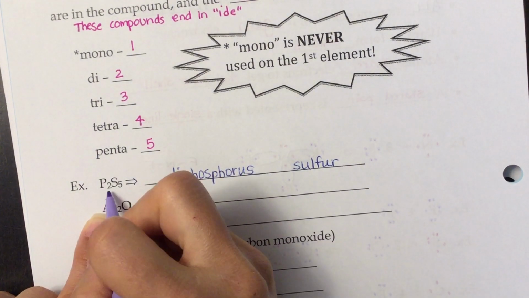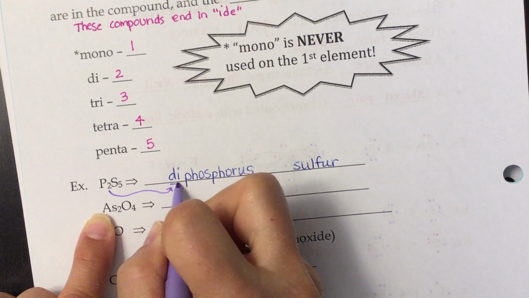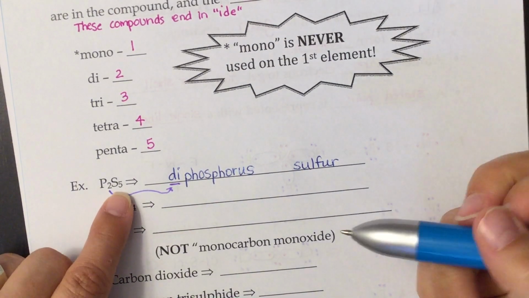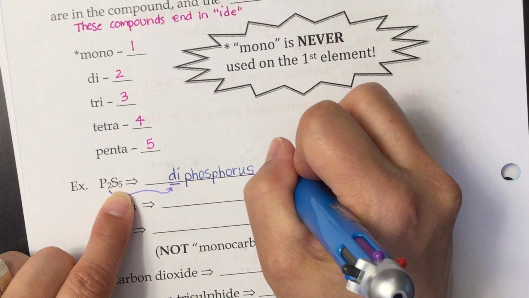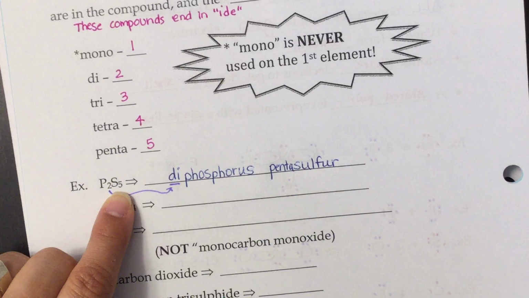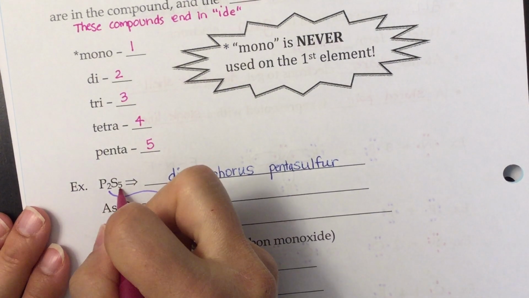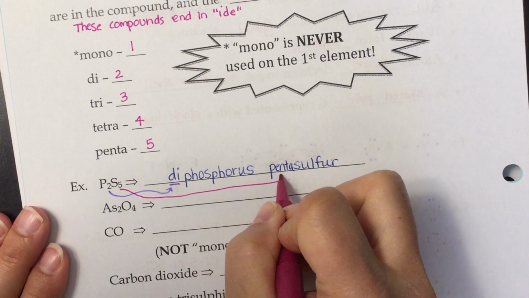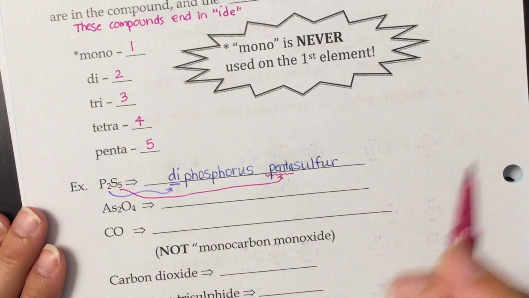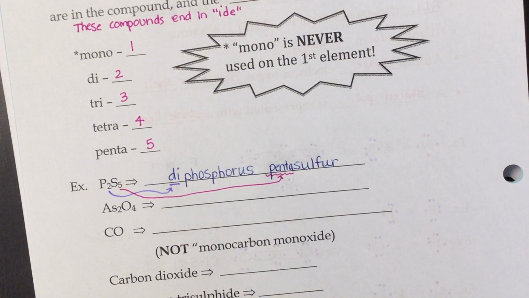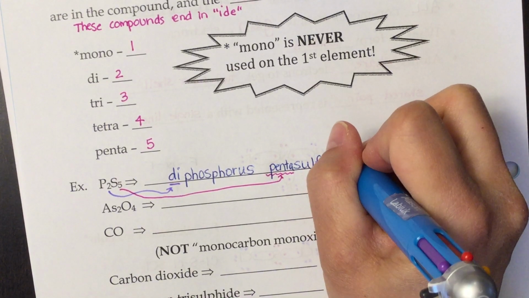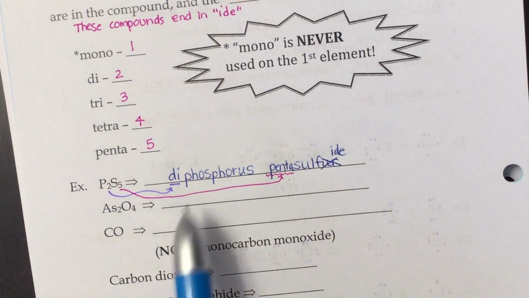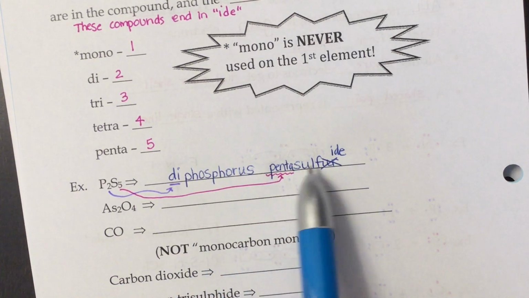This 2 means di. And then 5 means penta. So in front of sulfur, I'm going to have penta. This 5 means penta. And then we also have to change the ending. So you get rid of the last couple letters, here the U and the R, and then we replace it with IDE. So it's going to be diphosphorus pentasulfide.